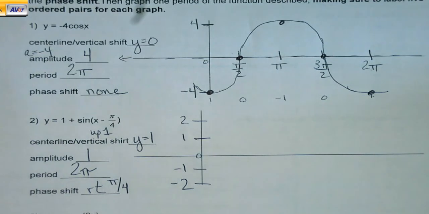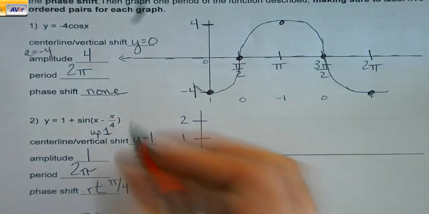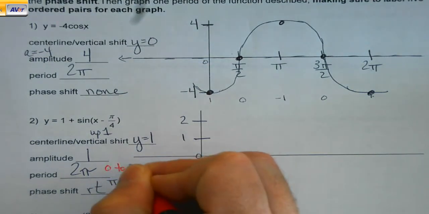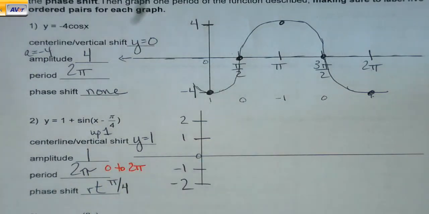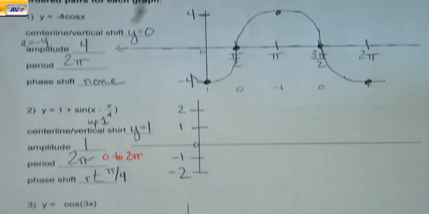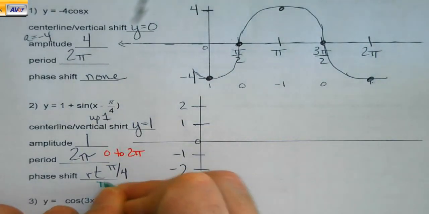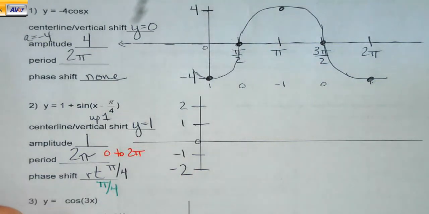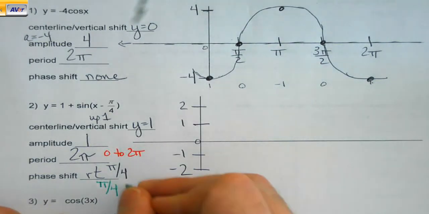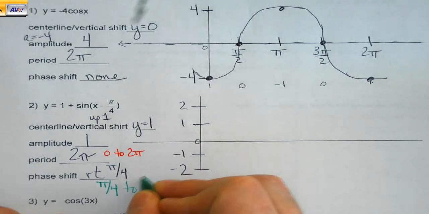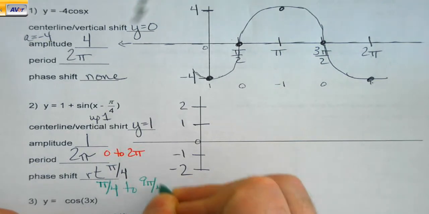So normally here, with my period being 2 pi, I'd start at 0, I'd go to 2 pi. But I'm shifting right or adding pi over 4 to each of those. So 0 plus pi over 4 means I'm going to be starting at pi over 4. And I'm going to be going to 9 pi over 4.